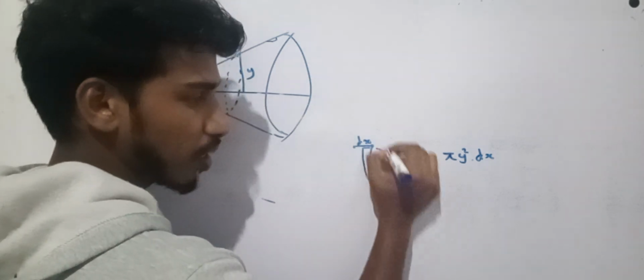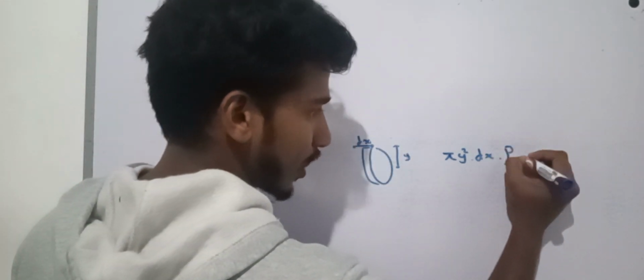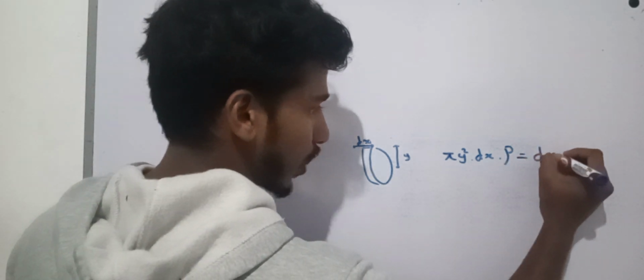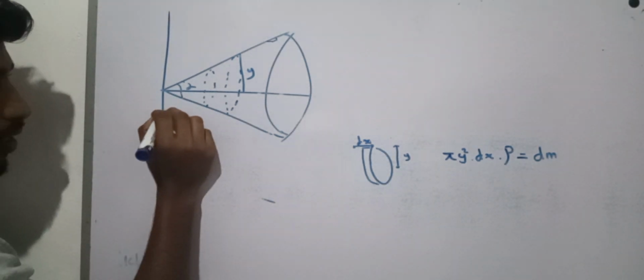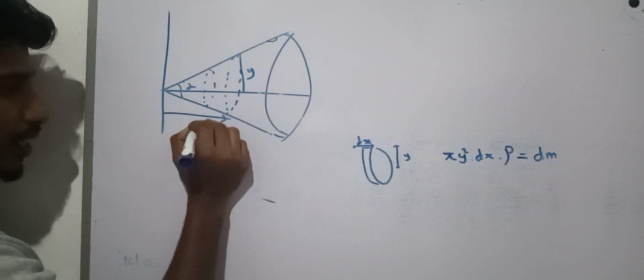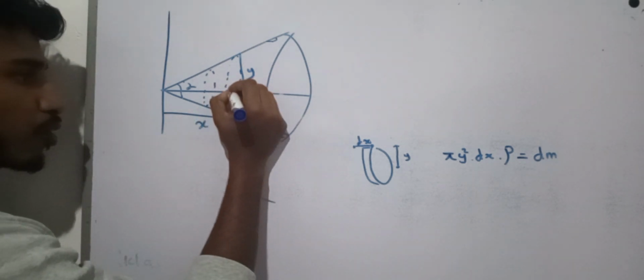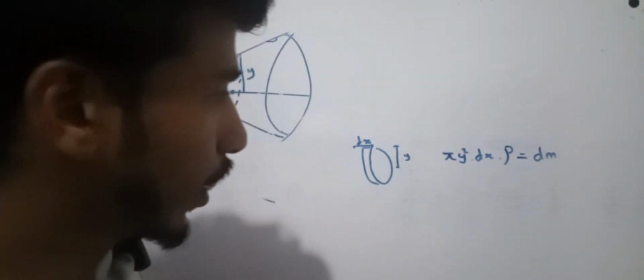The volume, when multiplied by the density, gives the negligible mass as dm. If the cylinder is at a distance x, the location of the center of gravity will be at x again. So these are things you should note down.